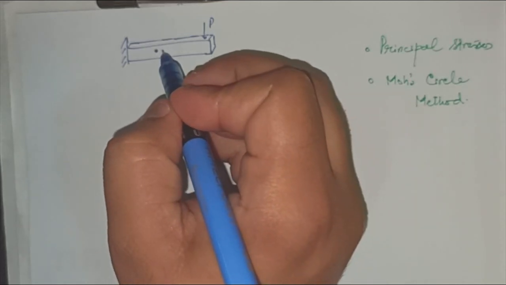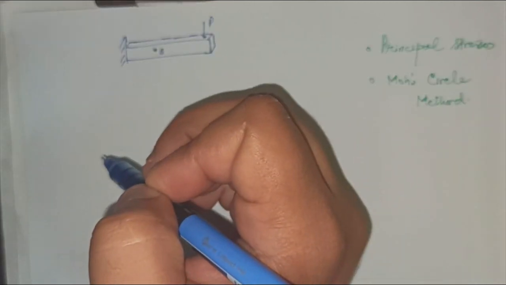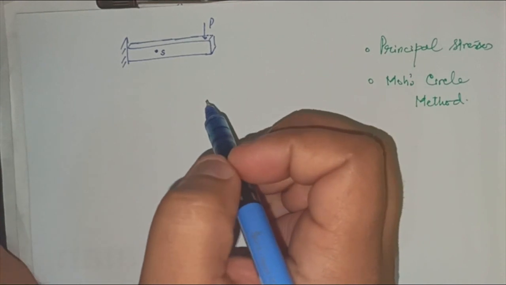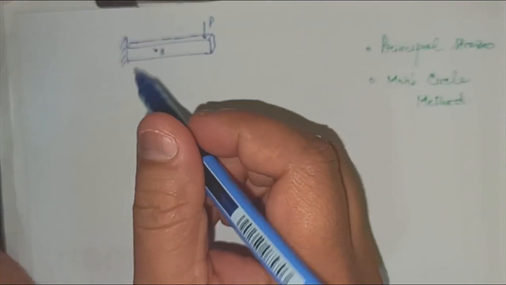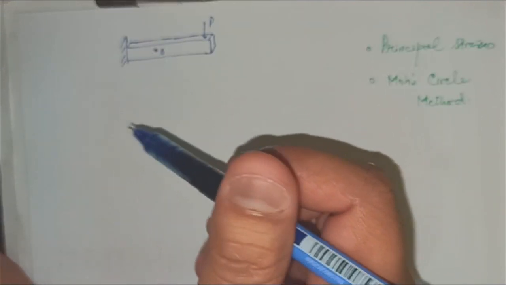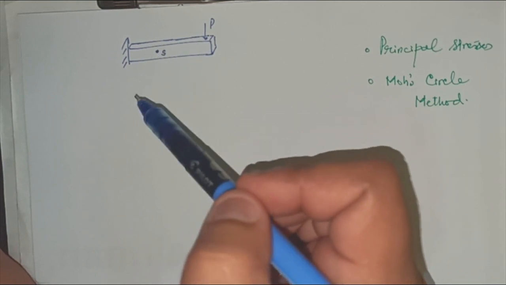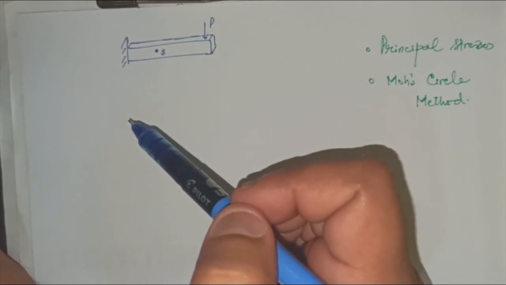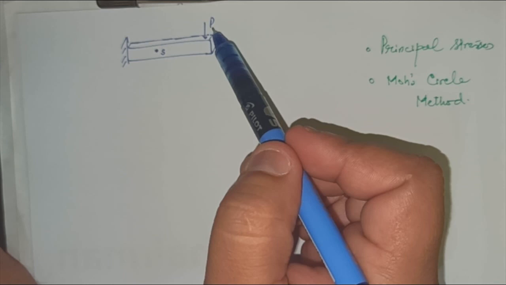Let's say this point is S. So the designer's requirement is to find out the failure stresses occurring at this point S under the action of load P.